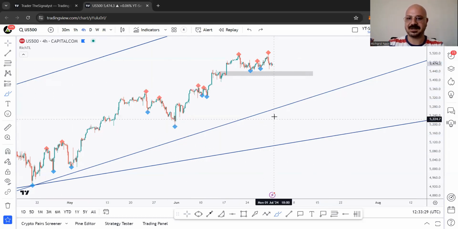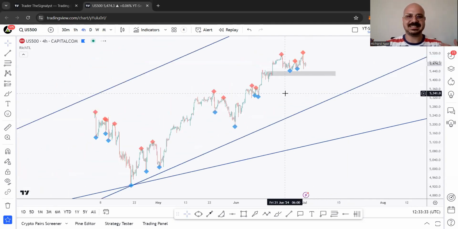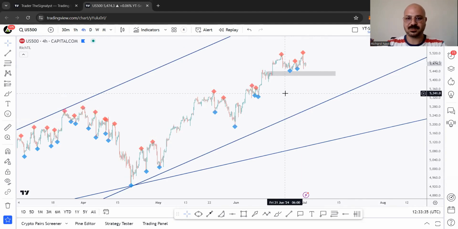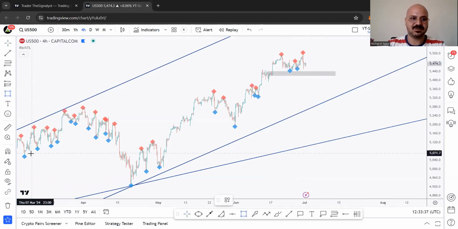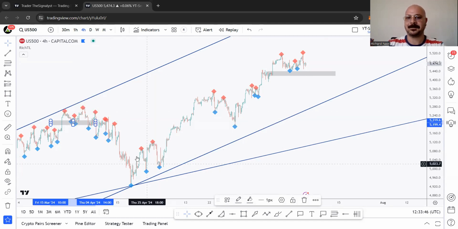And if it's broken downward, we'll be expecting a movement towards the lower trend line, lining up with this previous major high. So that's currently it for US500. It's a fast video because we don't really have much support and resistance, but the correction movement would most probably look like this: higher lows, higher lows, higher lows, a double top shape, for example, broken down, and the correction starts.